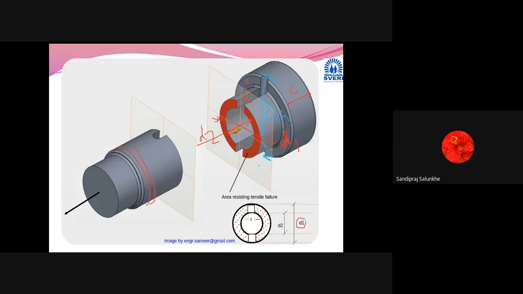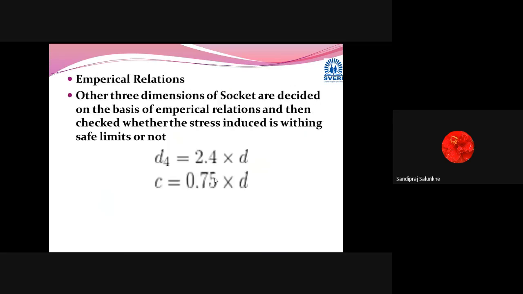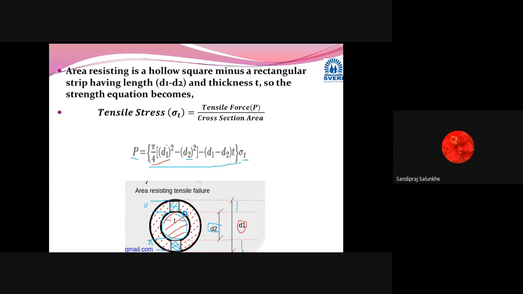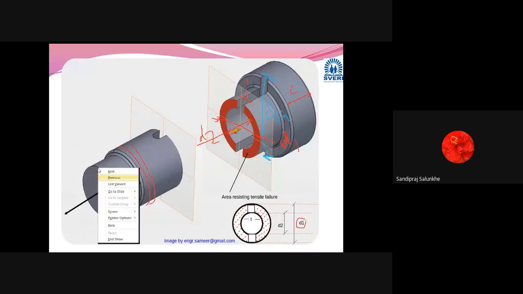Now D4 and C can be calculated with the empirical formulas. These empirical formulas we can use for calculating D4. D4 is 2.4 of D. D means the diameter of the rod, since we started our design from calculating the diameter of the rod.